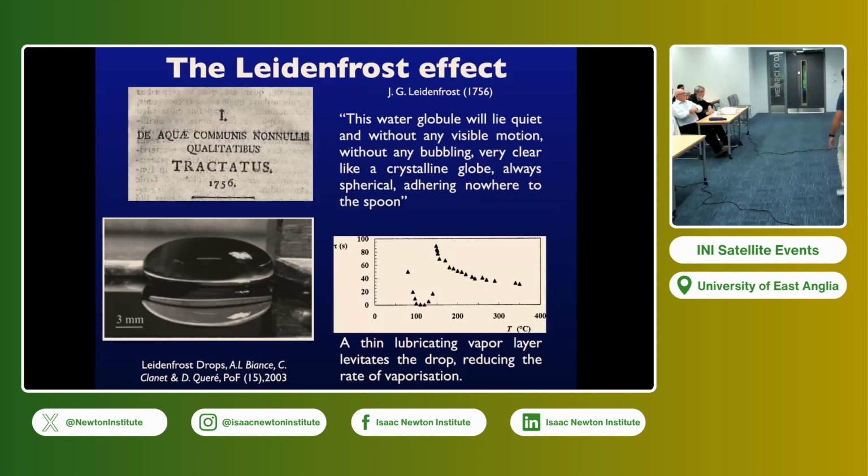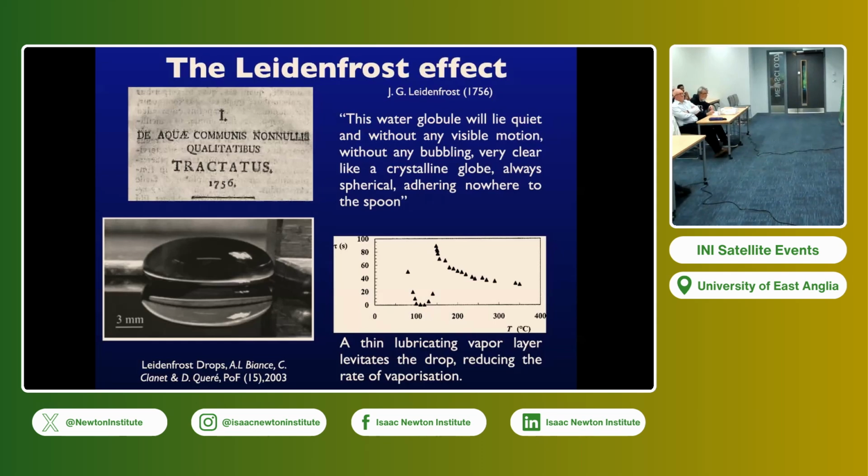Here I'm showing a droplet of water on a silicon surface in a work published by Biance, Clanet, and Quéré in 2003. As I said before, one of the most relevant features of these Leidenfrost drops is that the droplet lifetime is very large compared to a normal lifetime of a droplet vaporizing.